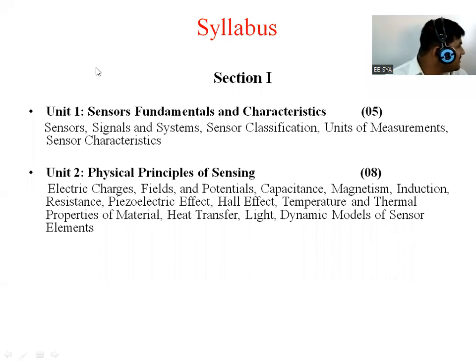The meaning of conduction is that it is in contact. Suppose this is one type of iron rod, and if I give heat to one end of that iron rod, the molecules present in the iron rod carry the heat so that the other end of the iron rod is also heated. So it is one type of conduction of heat transfer, right?